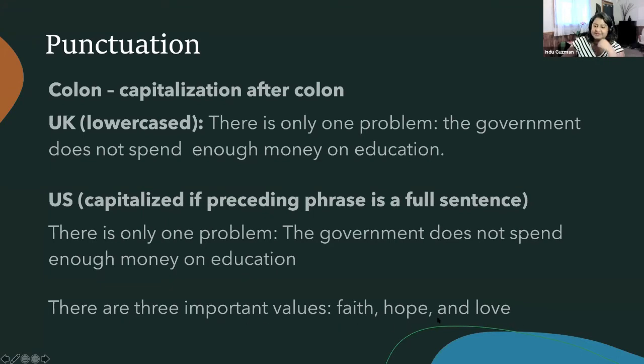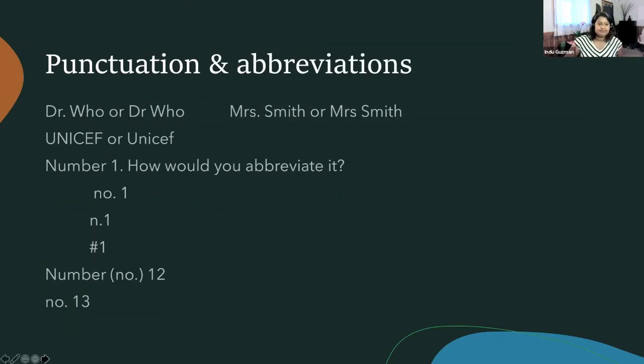And then here's another one, the serial comma. Use a comma here if there's an and. So that's another one too. Even within the US, there are differences. And then punctuation. Is it Doctor Who with a period or Doctor Who without? You put the periods after Mrs. or all these titles. And then abbreviations.